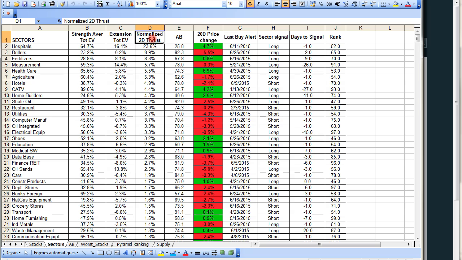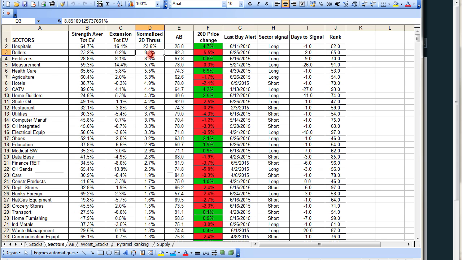What is important here is to compare this trust to the 20-day price change. For example, hospital, we can see that there's been huge money coming in the sector in the past 2 days, but the price is high already. So it means that this money is already in the price. If you buy hospitals here, you are not the first to buy.